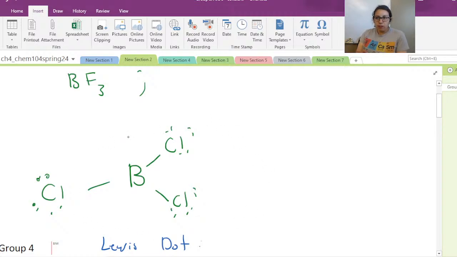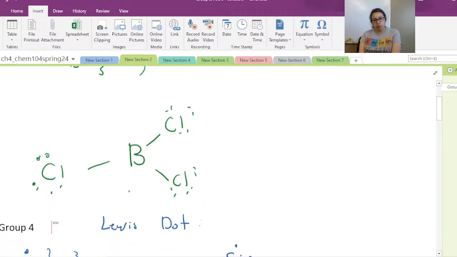If we're looking at our Lewis dot structure, this is a correct structure, but what's wrong with it? What's funny about it? Does it have the dashes? The dashes are fine, and it is planar, so it's actually okay that it doesn't have dashes. But what else is funny about it?